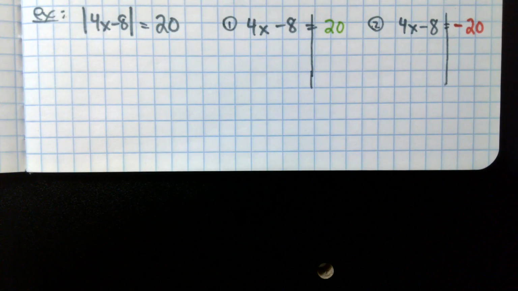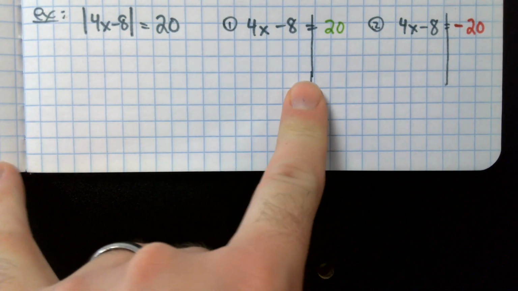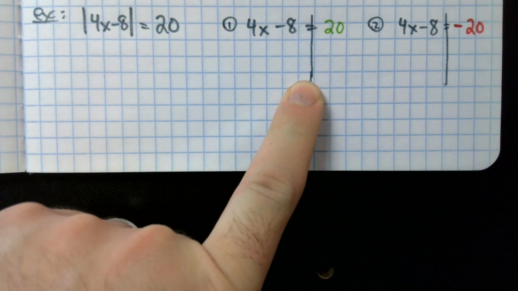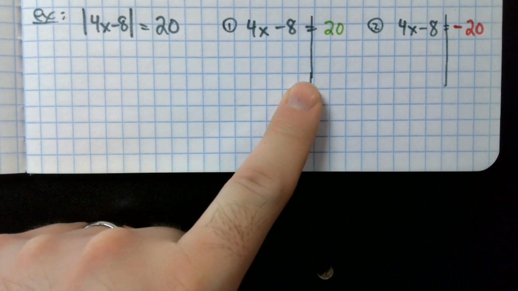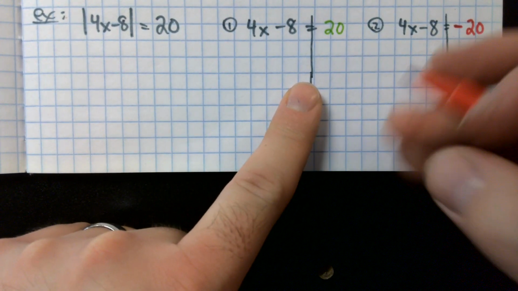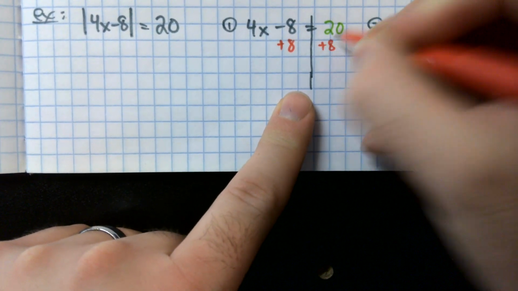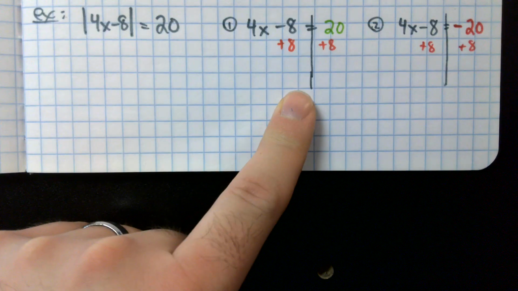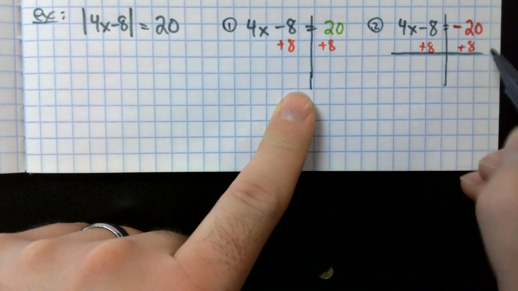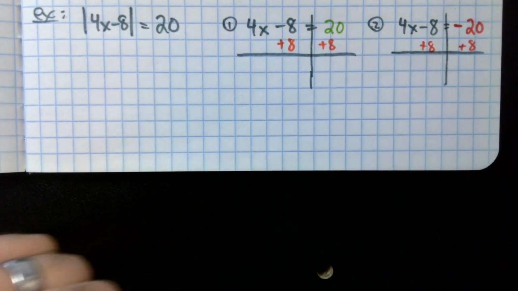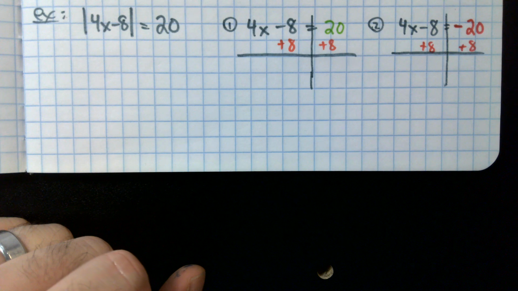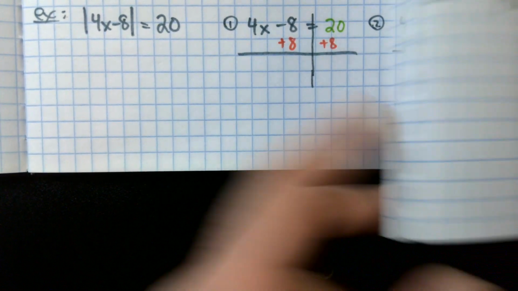What's the first thing I want to do if I want to get x all by itself in equation 1? Are we going to divide by 4? That's right. We're going to add 8 to both sides. Add 8, add 8. And I'm going to do the same thing over there. Actually, let's just focus on one at a time.